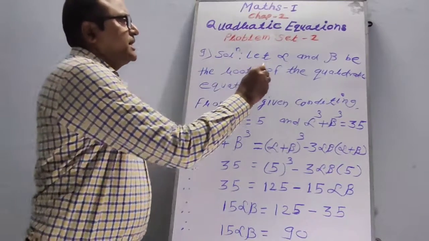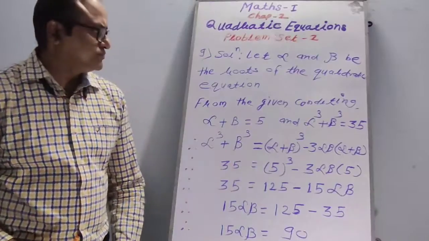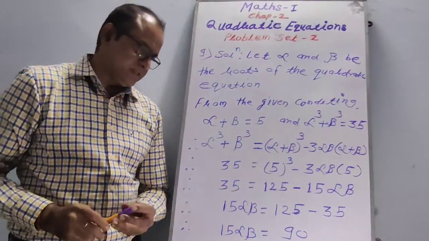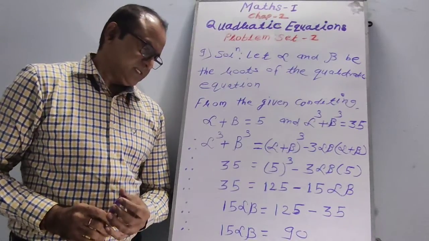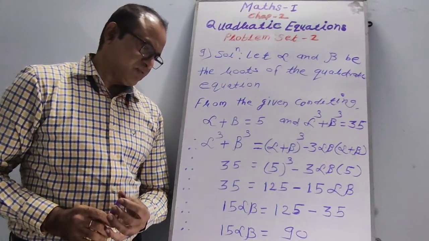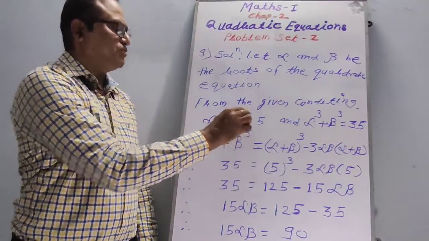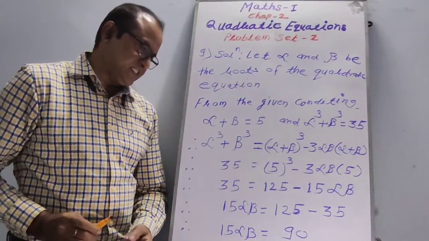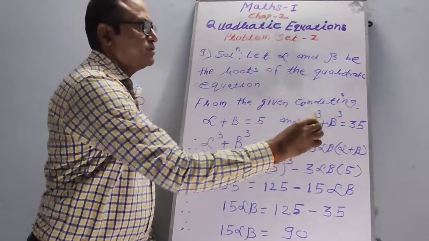Let's see. Let alpha and beta be the roots of the quadratic equation. From the given condition, I am reading the condition. You just listen to it. The sum of the two roots of the quadratic equation is 5, means alpha plus beta is equal to 5. And the sum of their cubes is 35, means alpha cube plus beta cube is equal to 35.